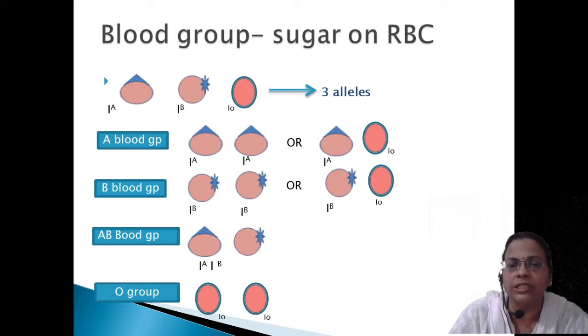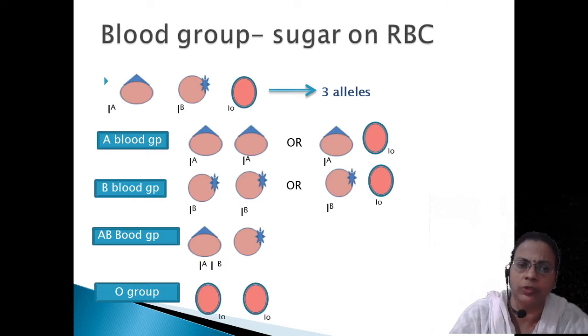So 50% of their RBCs will have A type isoagglutinogen, and the remaining 50% will not have any antigen at all. But even then, when we categorize, they will come under the A blood group. So there are two genotypic expressions for the A blood group phenotype. The same way, for the B blood group.